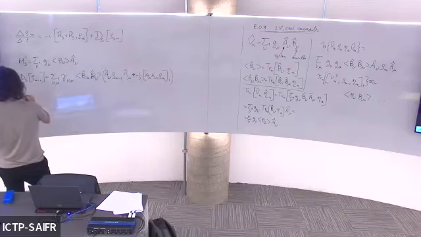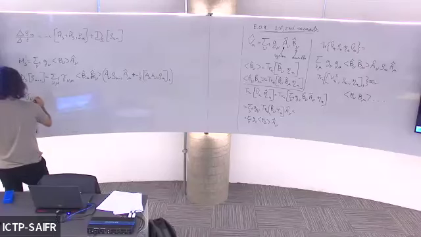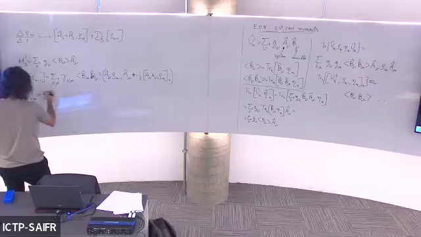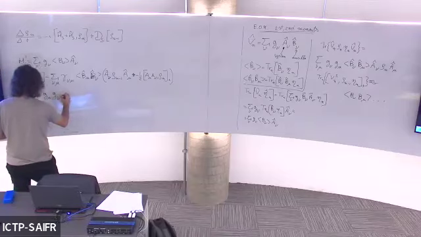And finally, our gamma mu mu is given by g mu mu g mu, delta t.